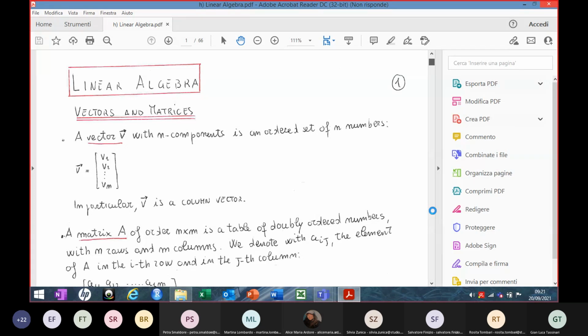This means that the number of rows of matrix A and of matrix B must both be equal to n, and the number of columns of matrix A and of matrix B must be m. The result of the sum is a matrix called, for example, C, which has the same number of rows as A and B, that is n rows, and the same number of columns, which is m.